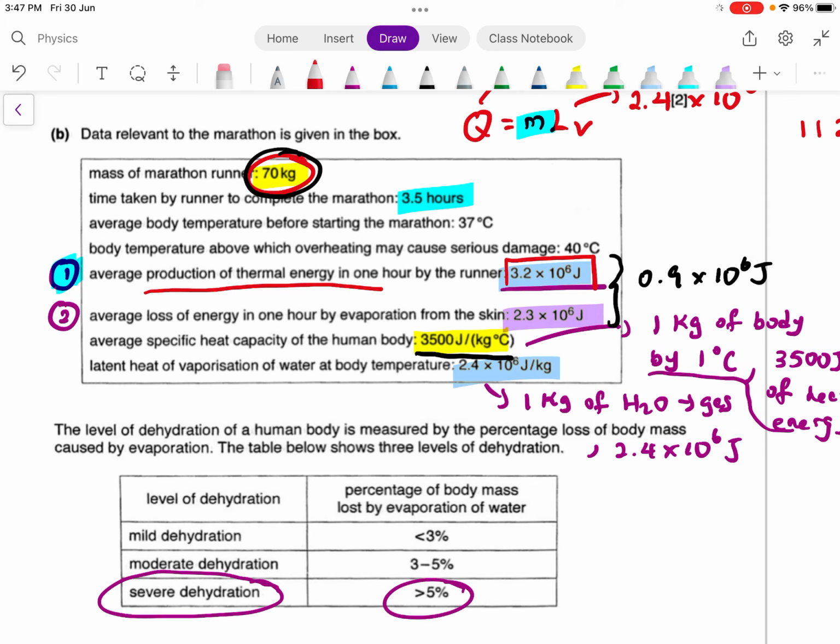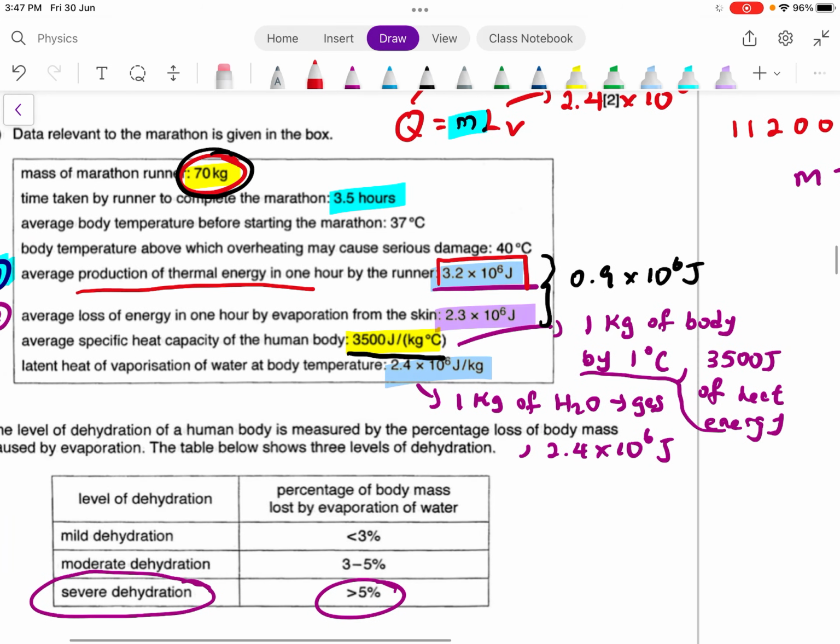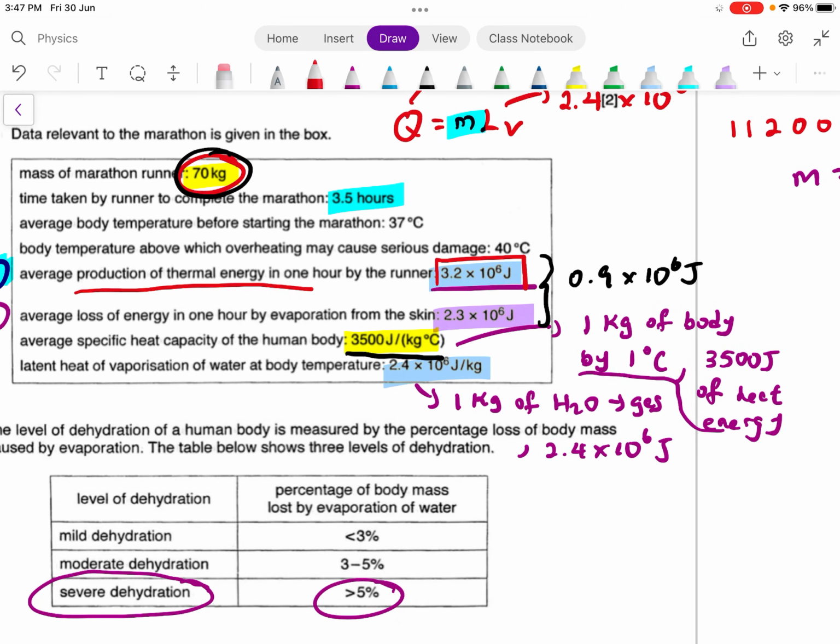The last two: average specific heat capacity of the human body is roughly 3,500 joules per kg per degree Celsius. What does it mean? In order to raise 1 kg of body by 1 degree Celsius, you will need to supply about 3,500 joules of heat energy.